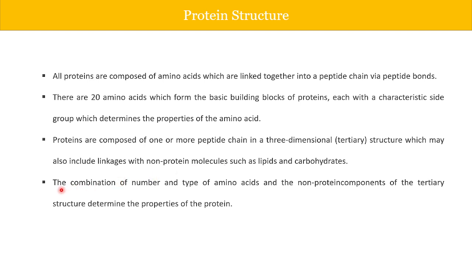And we know that the number and type of amino acids and the non-protein components of the tertiary structure are important for the function and the property of the protein: what it is linked with, how many proteins are attached to each other, or how many motifs or domains are involved in the functionality of the protein. Will these domains be only proteins, or can these be lipids and carbohydrates? Those things will affect the functionality of the protein.